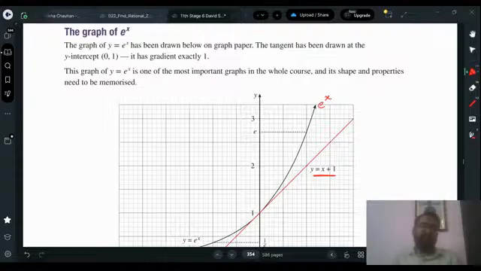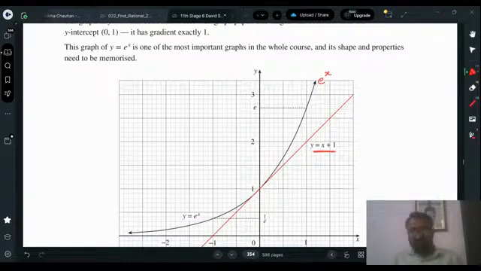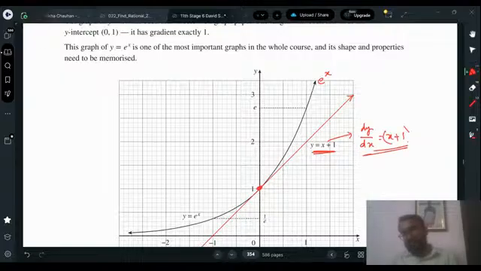Its gradient is exactly 1. If you make a tangent line, the gradient means the derivative. What is dy by dx of x plus 1? The derivative of x is 1 only. Clear?